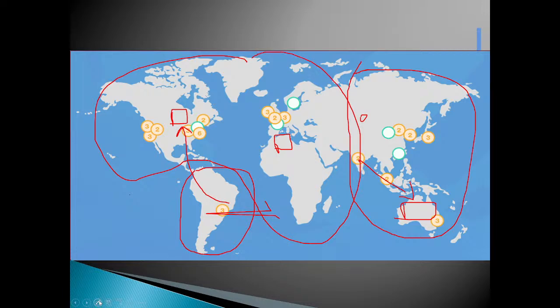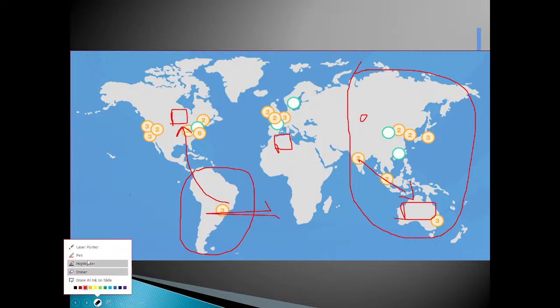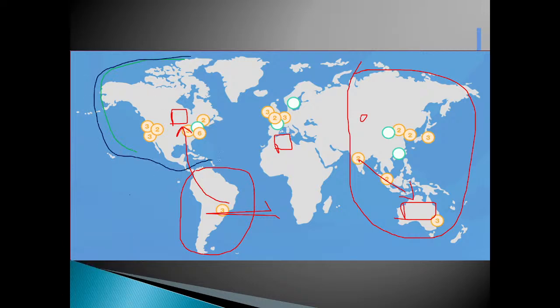Okay, let me change the color. Now users are in this region. Apart from this, this is a region which I'm selecting, and I'm saying that if the user is in this dark blue region, it will be sent to the server which is located here. I can select the server.